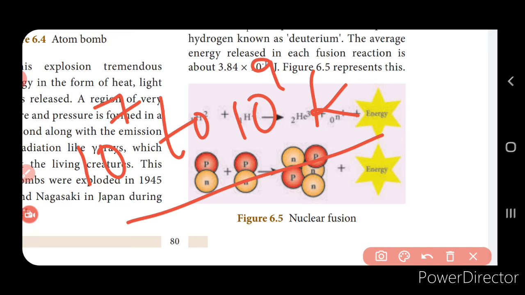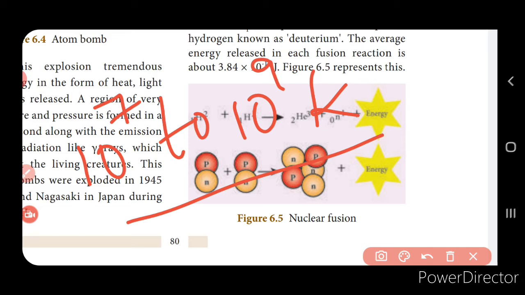Since the temperature in the star is very, very high, it is sufficient to initiate the fusion reactions of the hydrogen nuclei, isn't it? The fusion reaction that takes place in the core of the sun or the stars results in an enormous amount of heat energy being released, and this energy is called stellar energy.